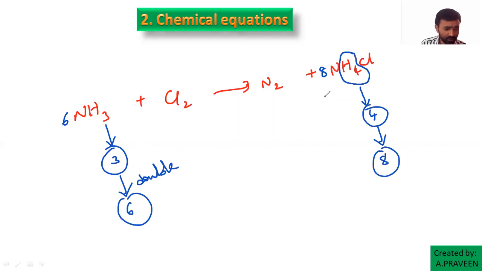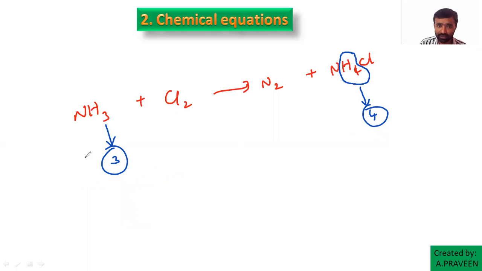The counts of atoms are 3 and 4; their coefficients previously I selected 4 and 3. That I am making double, so 8 and 6 here.